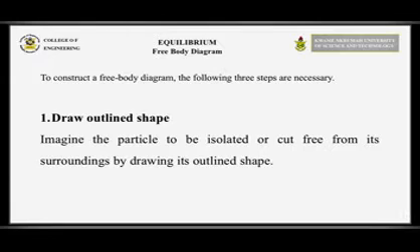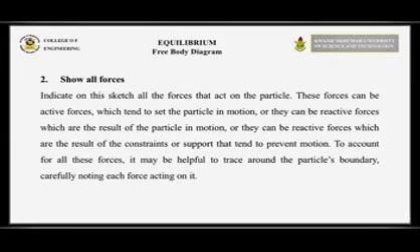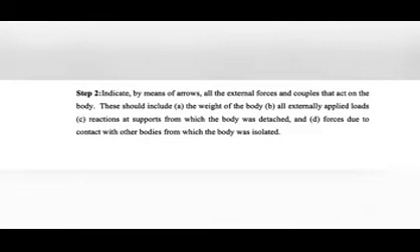To construct a free body diagram which will correspond with the conditions on the body, first of all, you sketch the outline shape of the body. That is, decide which body is under consideration and imagine it to be isolated from all other bodies. Step 2. You show all the forces acting on the body. Indicate by means of arrows all the external forces and couples that act on the body.